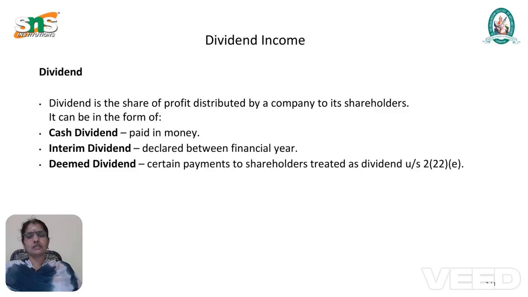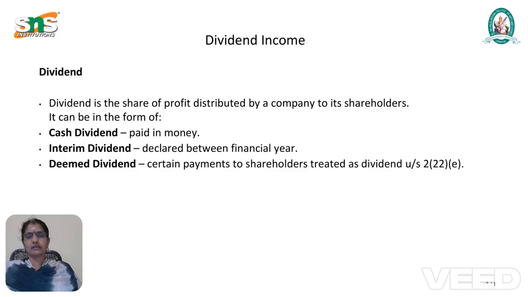At that time they receive a profit, a share of profit from the company, which is called the dividend. That income is also taxable as per the Income Tax Act 1961, which we are going to discuss in detail in this video.